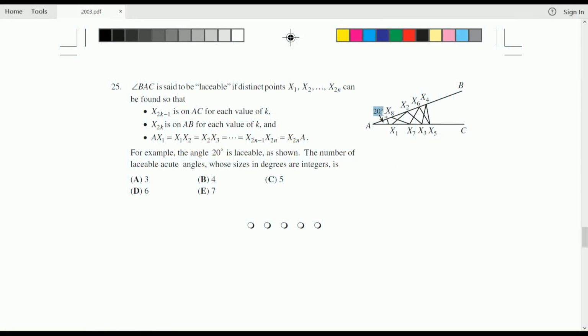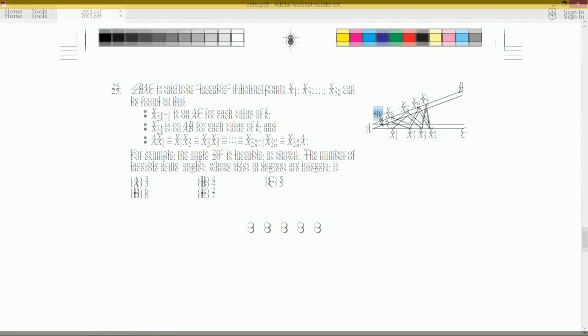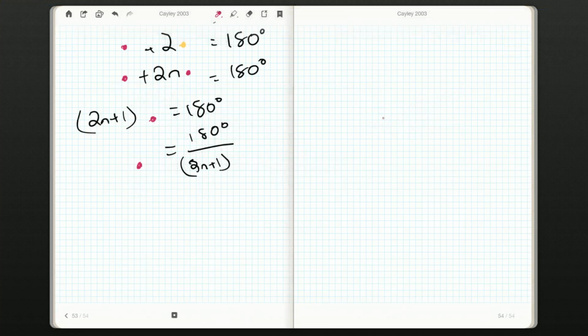So yeah, that works. What about, let's compare it to the only other lace-able case we know, where we did x1, x2, and then we were back at the start. So n in that case was 1, 2n was 2, 2n plus 1 is 3, 180 degrees divided by 3, that's going to be 60 degrees, and that was the angle we started with in the 60 degree case. So it all works out.